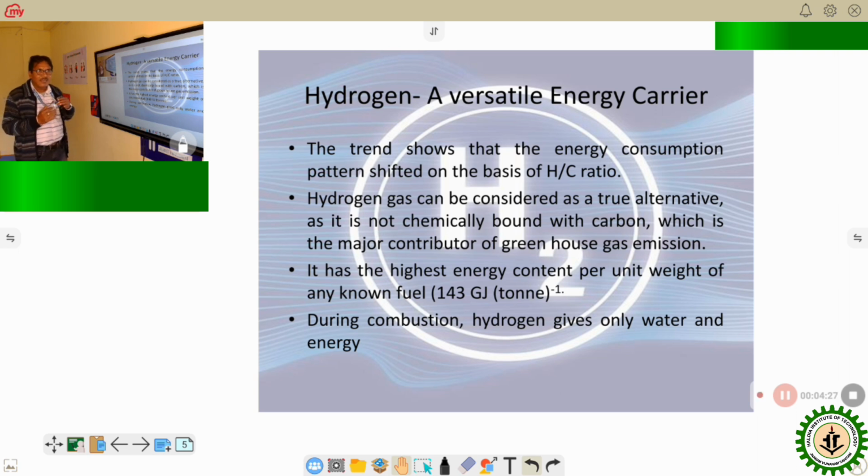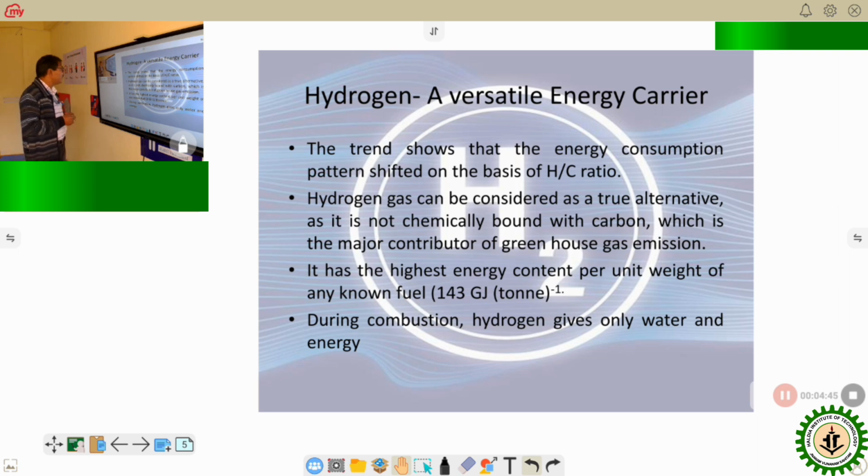If you see, this pattern is shifting based on the hydrogen by carbon ratio. If you see the composition of the energy sources, like coal and liquid fuel, what is happening to the hydrogen by carbon ratio? It is gradually increasing.